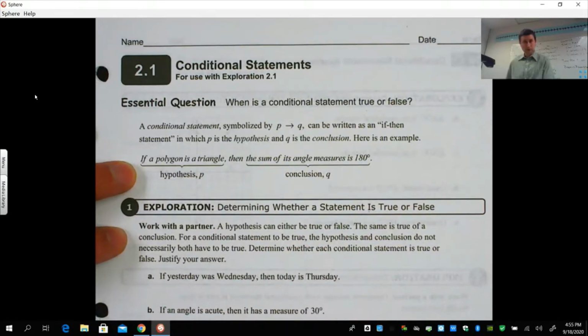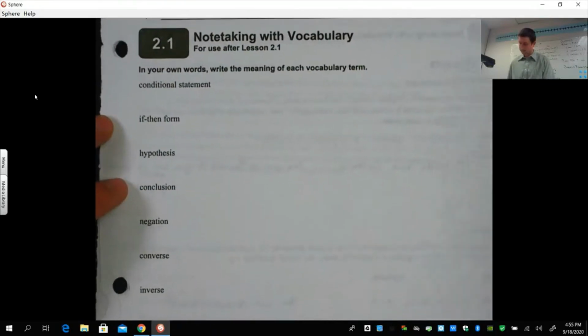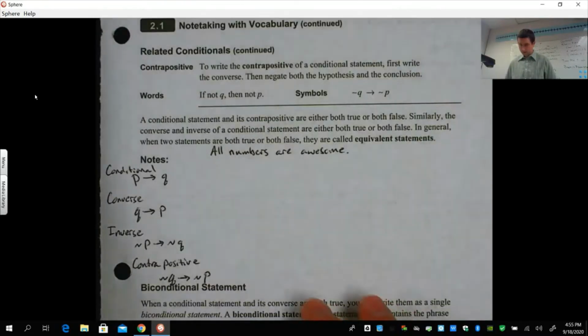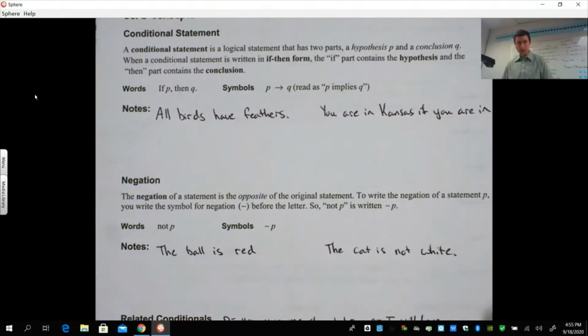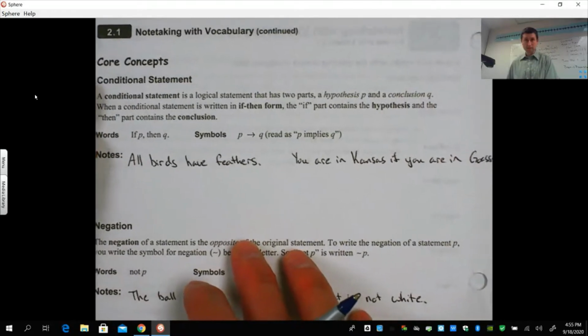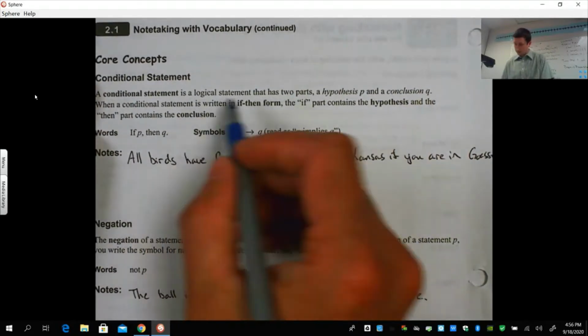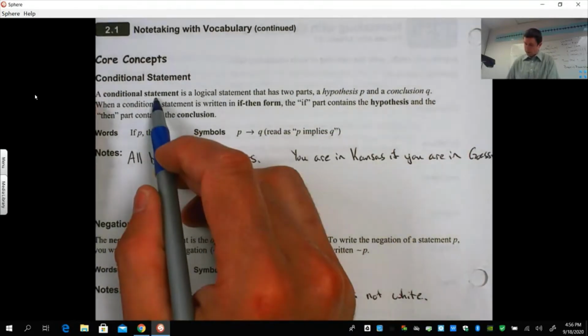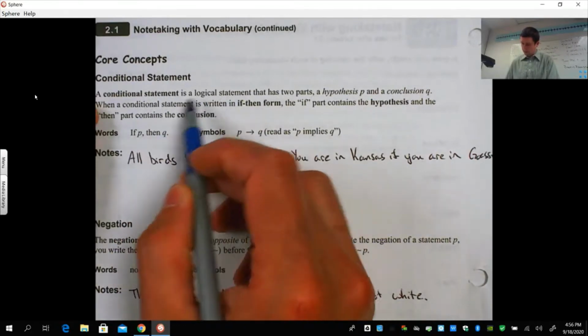So I'm going to skip over this exploration, and I'm going to jump past the vocabulary. That should be filled out after Chapter 1 test. And we're going to get right into some of this information here. So I've written down some more examples. Okay. So here's the conditional statement term again, definition.